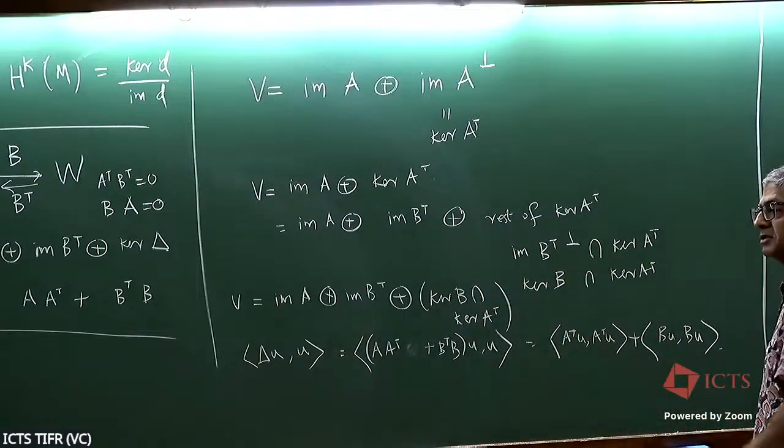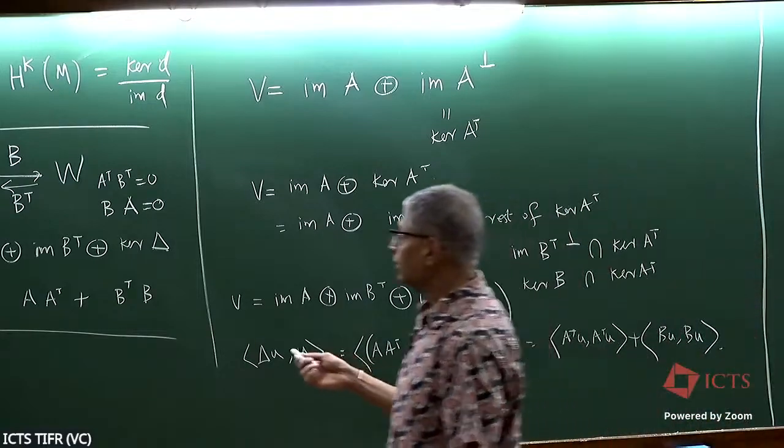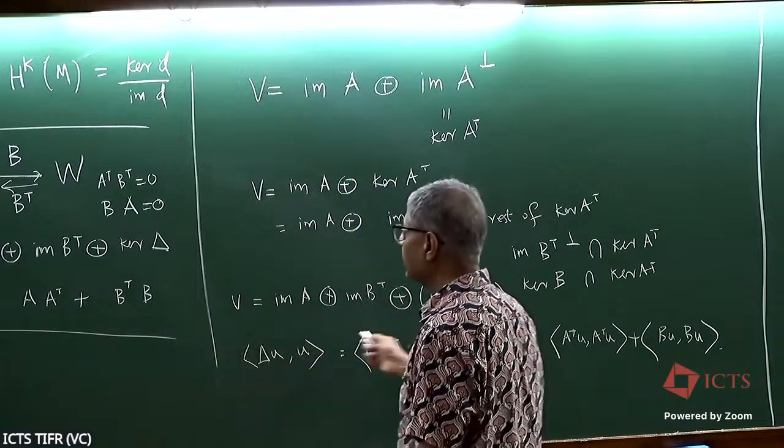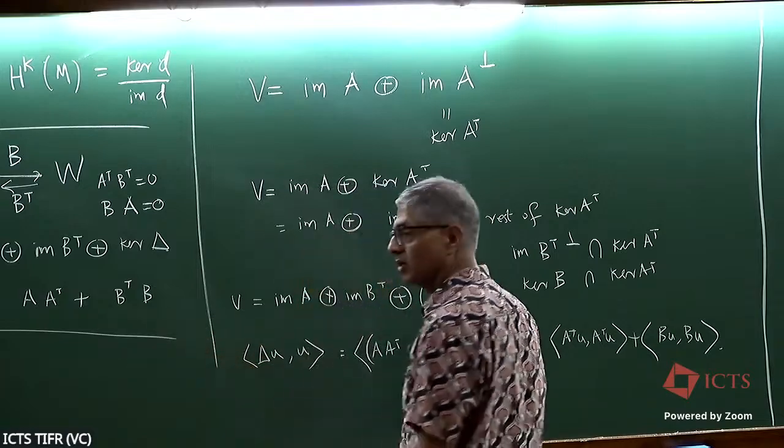So each of these terms will be 0. So indeed, not only is this a subset of the kernel of the Laplacian, but this is actually equal to the kernel of the Laplacian.